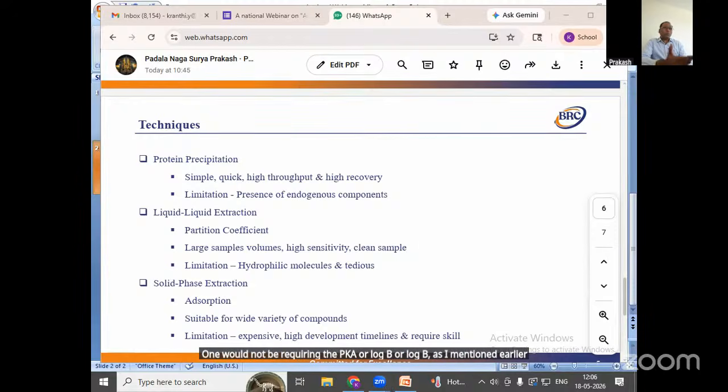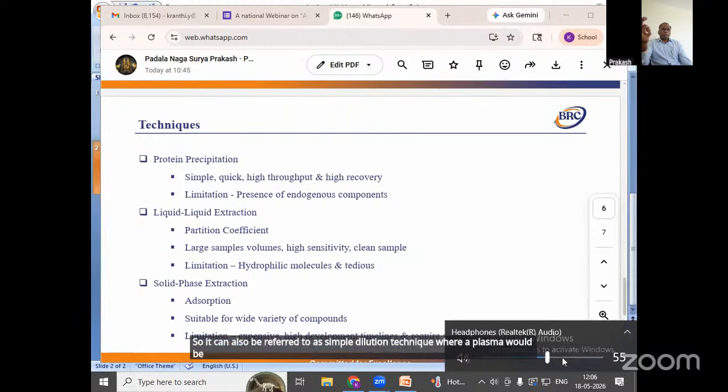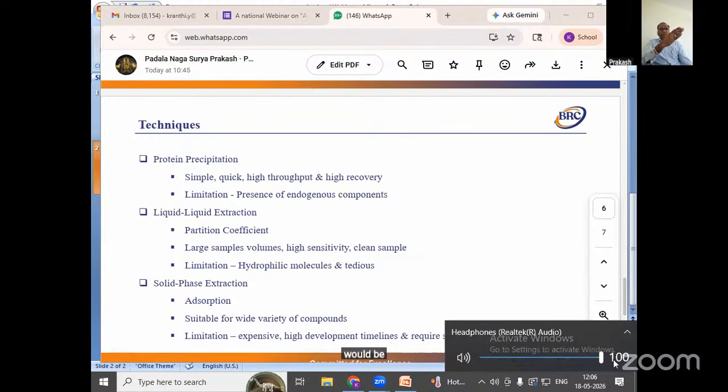It can also be referred to as a simple dilution technique, where the plasma is diluted with 3 times or 5 times its volume of an organic solvent, which can be either acetonitrile or methanol.